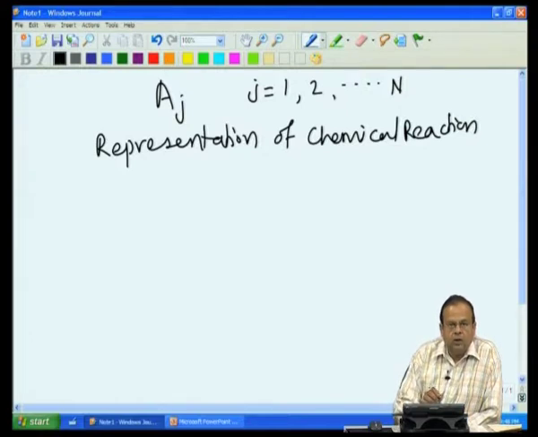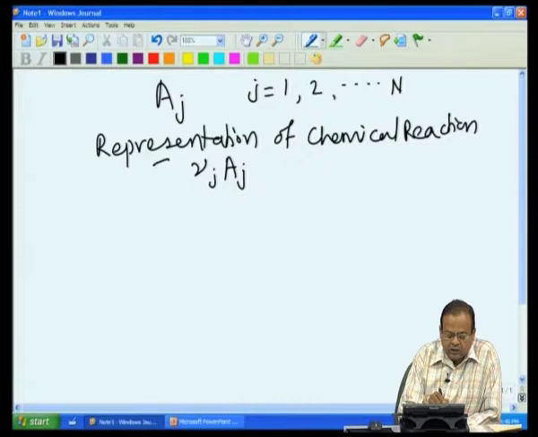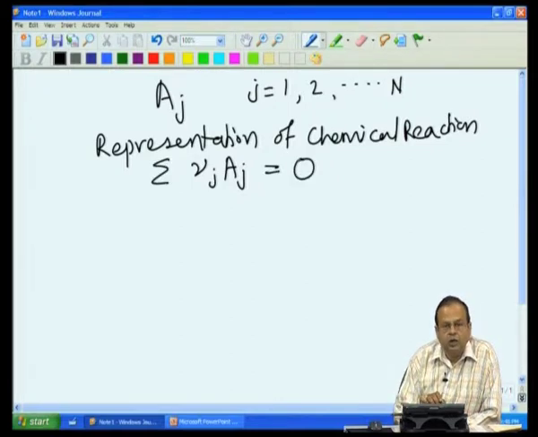We said that suppose we consider a single reaction and associate a stoichiometric coefficient nu_j with the species A_j, then we can write a single reaction as summation nu_j A_j equal to 0.